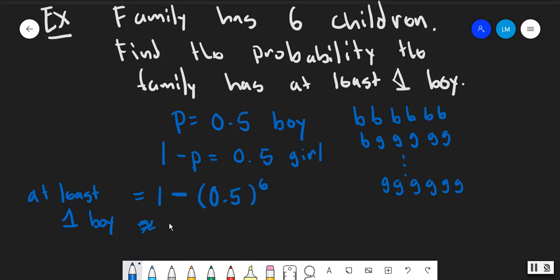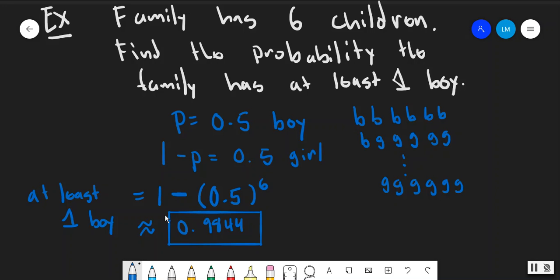Okay, so we have that it's approximately 0.9844. So it's actually a pretty high percentage that a family has at least one boy.